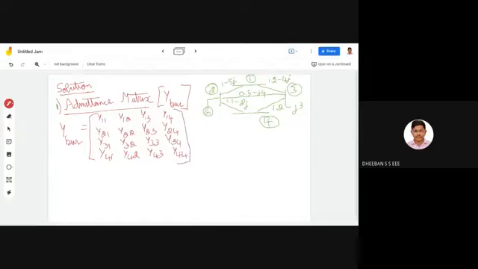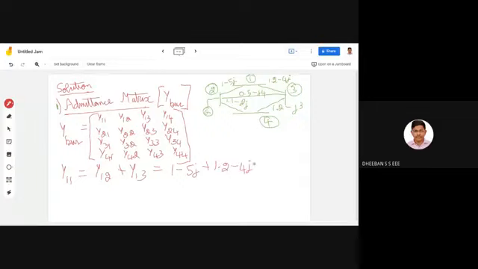Now try to find it. For your Y11, which buses are connected? It is Y12 plus your Y13. So it is 1 minus 5j plus 1.2 minus 4j.